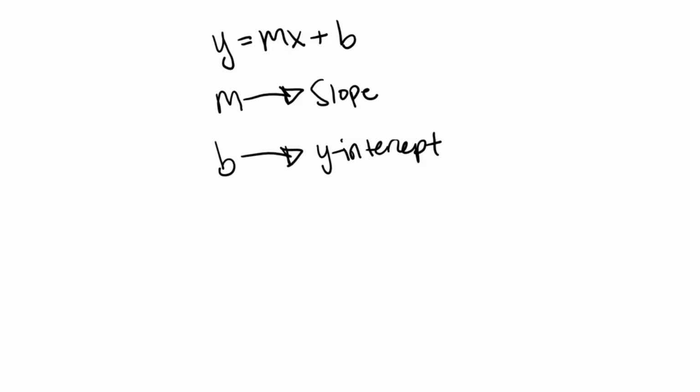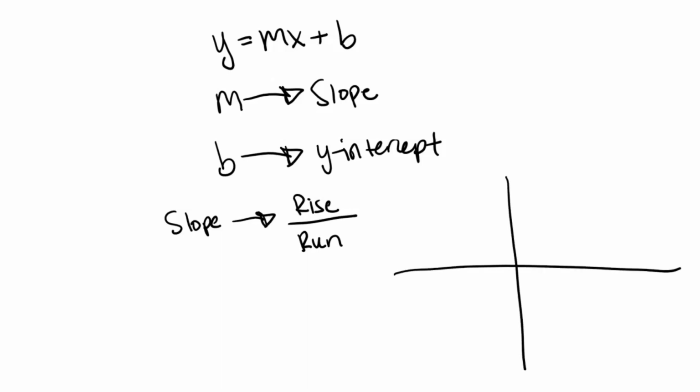So let's talk about slope. Slope is, some people learn it like rise over run. So when you're talking about the graph, the rise would be how far up or down you go, and then the run would be how far left or right you go.